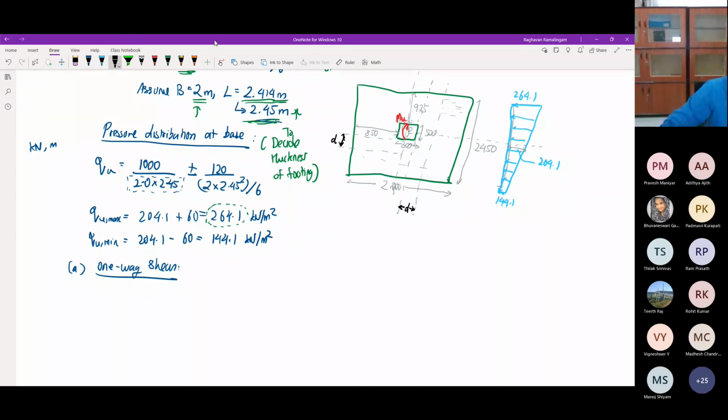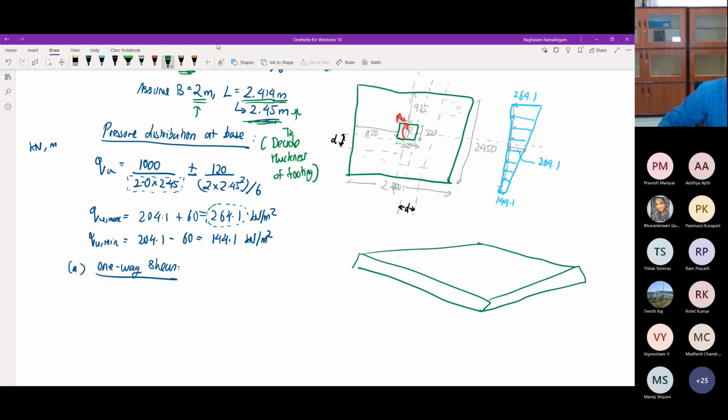So which critical section can I take? Let me draw it in 3D. Say this is the footing. This is 2000. This is 2450.